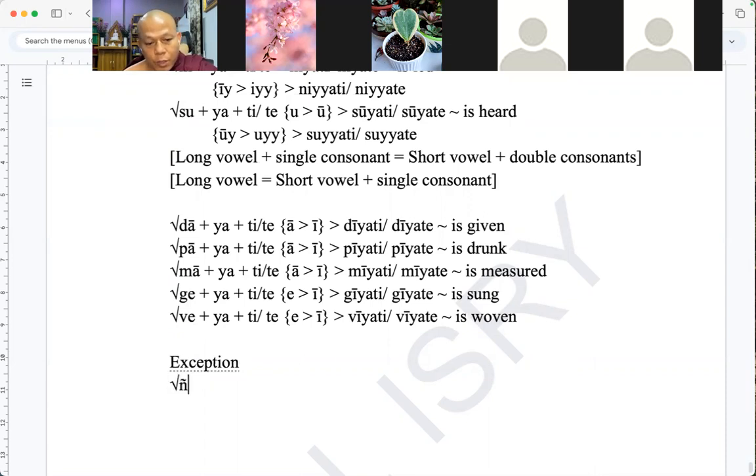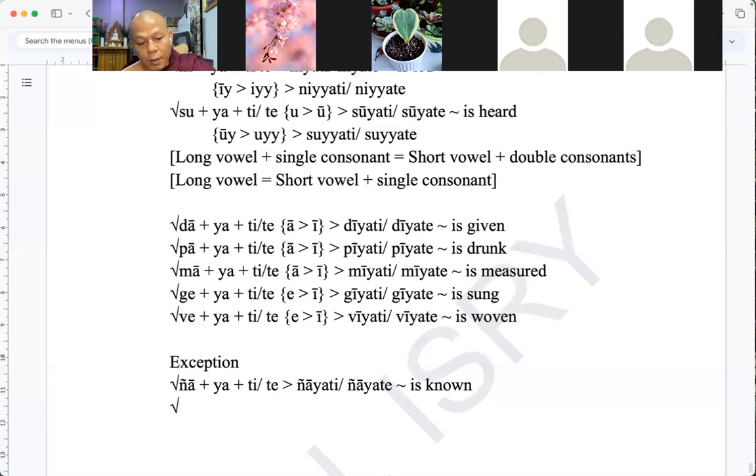For example, root nya with the passive voice suffix ya, so D, nothing changes. So nya ye D is known.